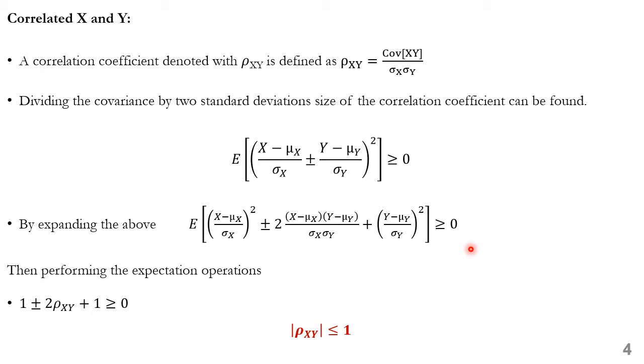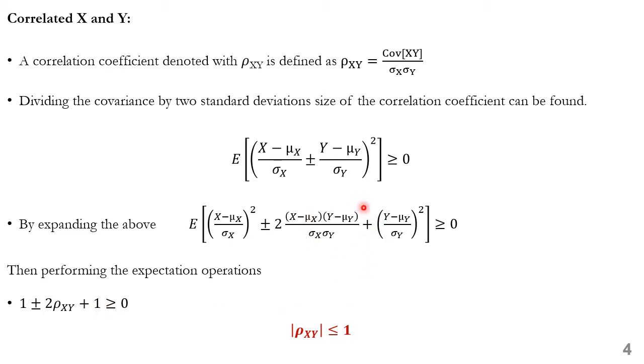We apply the linear operations and the expectation operation. So this reduces to: expectation of x minus mu x divided by sigma x whole square is equal to 1. Expectation of y minus mu y divided by sigma y whole square is also equal to 1.